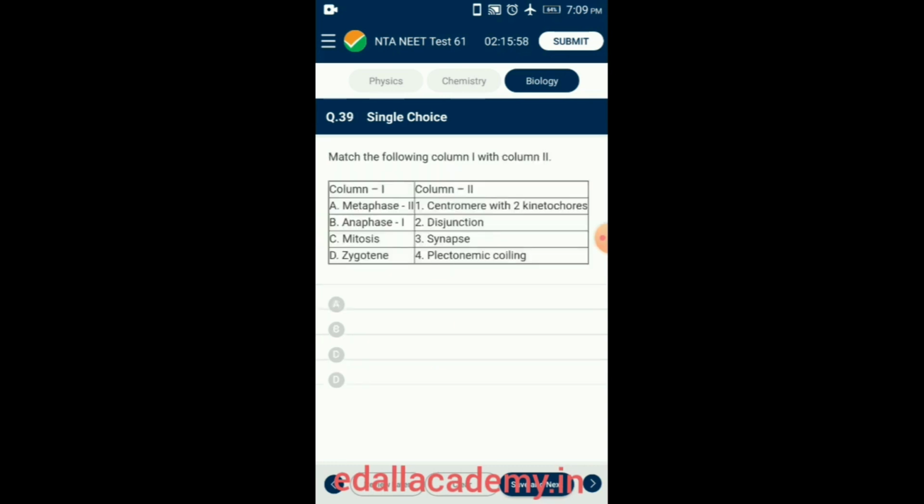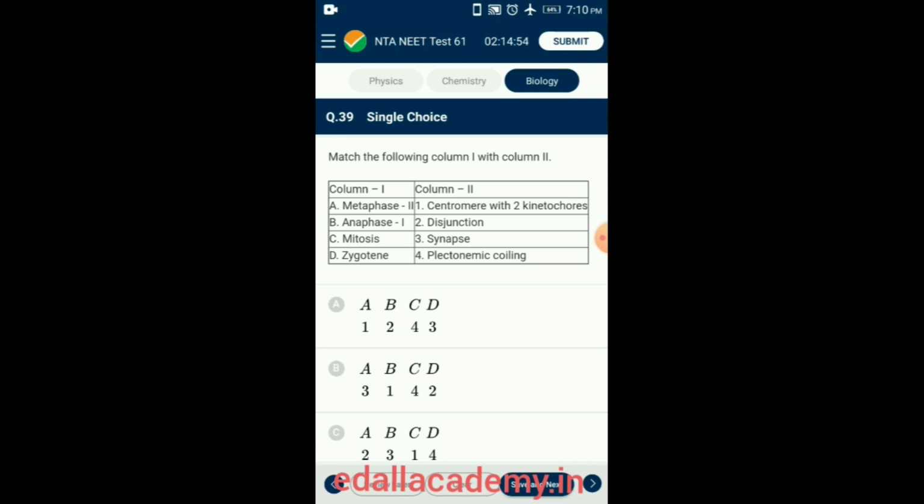Question number 39. Match the following column 1 with column 2. The chromosomes become arranged on the metaphase plate much as the chromosomes do in mitosis and are attached to the now fully formed spindle. In metaphase 2, the centromeres contain two kinetochores that attach to spindle fibers from the centromere at opposite poles.